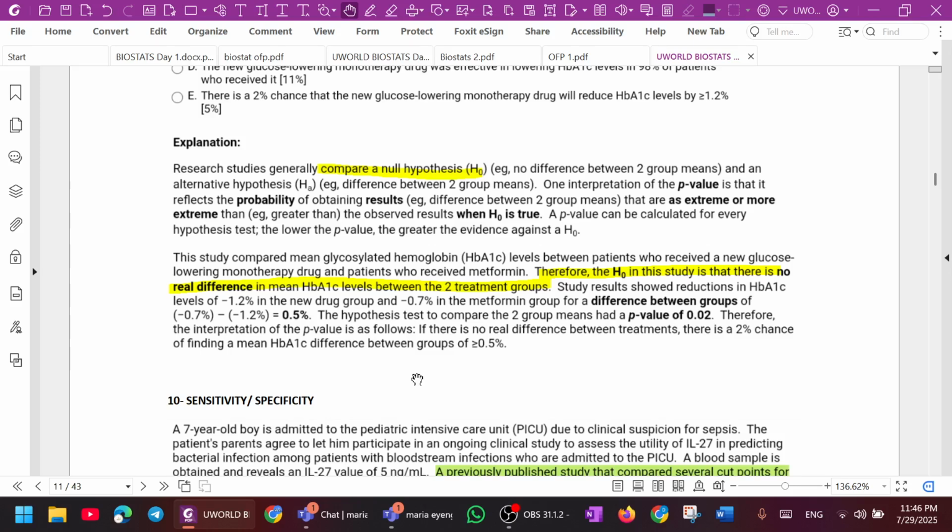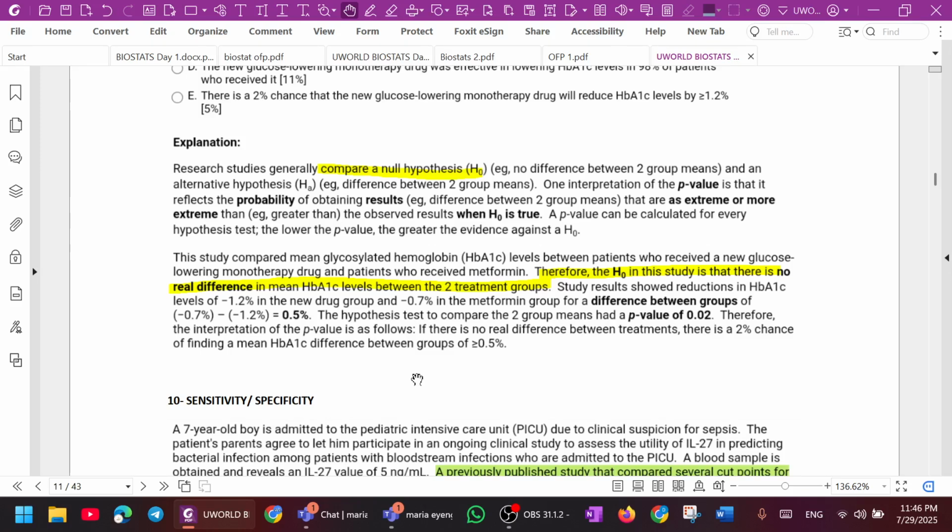One interpretation of the p-value is that it reflects the probability of obtaining results as extreme or more extreme than the observed results when H naught is true. The p-value can be calculated for every hypothesis. The lower the p-value, the greater the evidence against the null hypothesis.